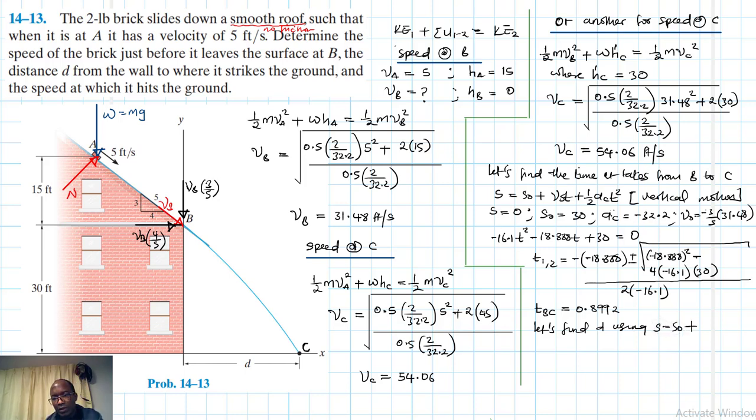S is equal to S naught plus V naught T plus half AC T squared, where our S is going to be equal to D, since we are moving from this point to there. Our S naught is equal to 0, and our V naught is going to be equal to VB, and it's positive this time around, so it's 4 divided by 5 by 31.48.